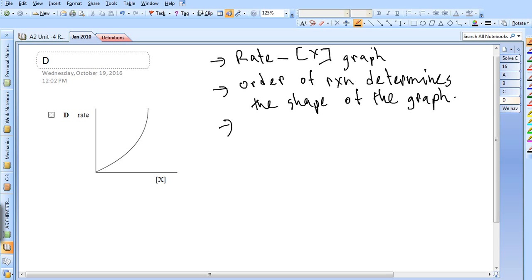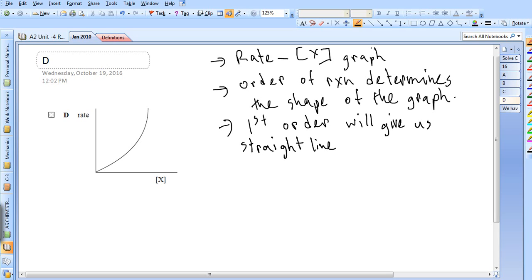So in here, this is rate against concentration of X. The first order will give us a straight line, since the half-life is constant.